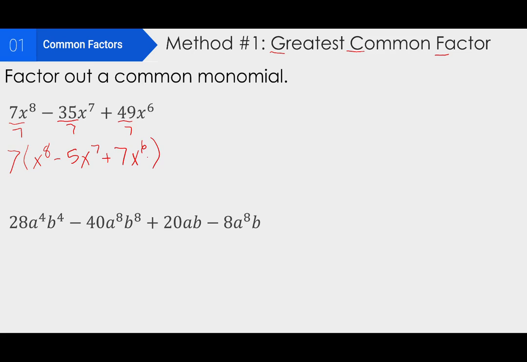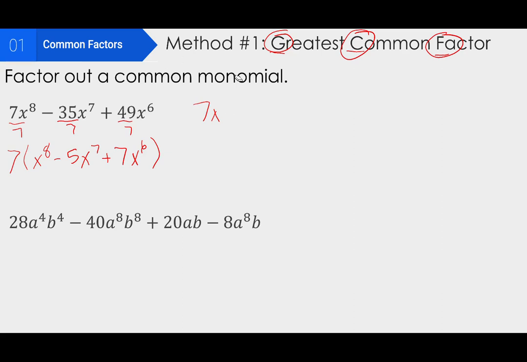Okay, and some of your students might stop there because they found a common factor, factored it out, done. But it is not completely factored, which is why it's important to factor out the greatest common factor. So if I had instead factored out 7x to the 2nd, that would take out some of the x's from inside the parentheses, but not as many as I could.